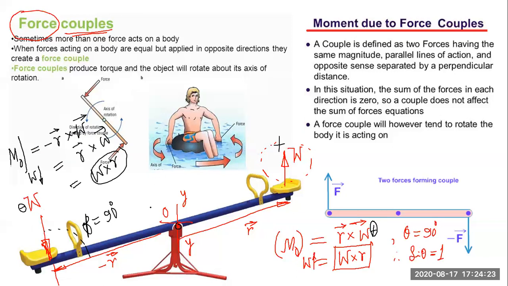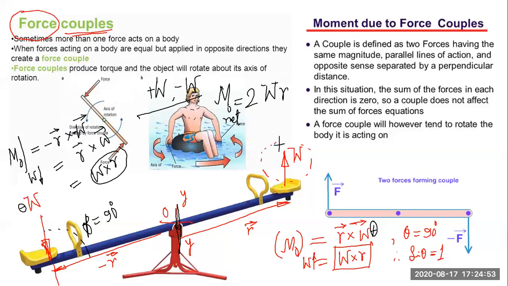What is the net effect about point O, or about the axis YY? Due to plus and minus W, the net moment about point O is 2 into WR.